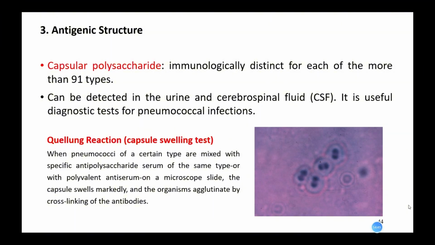And this polysaccharide antigen can be discovered in the patient's urine or in the CSF fluid, so you can detect the presence of this antigen. And there is a specific test to detect it. It's called the capsule swelling test.